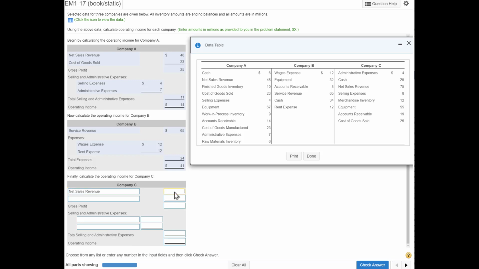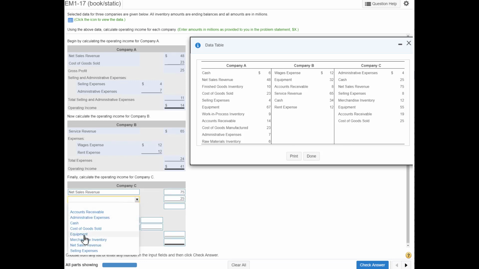net sales revenue. And our net sales revenue is, where is that at? Right here, 75 million. And then we have to subtract our cost of goods sold, 25. Copy and paste that.